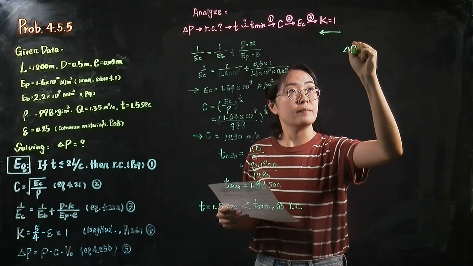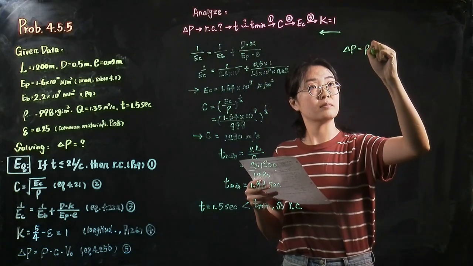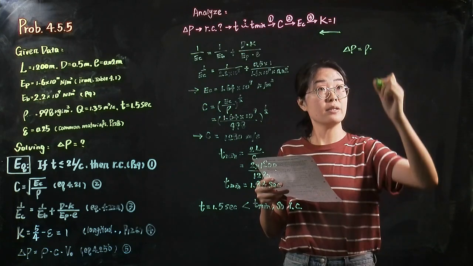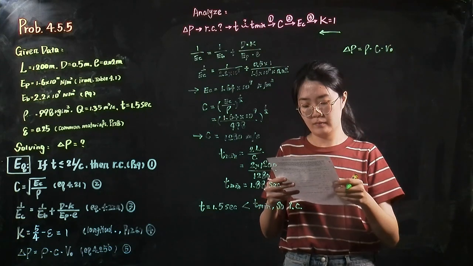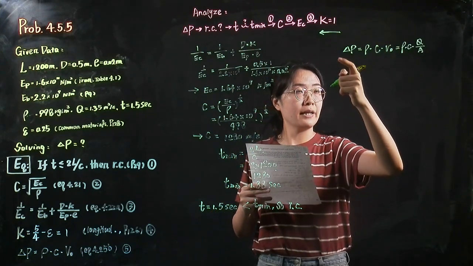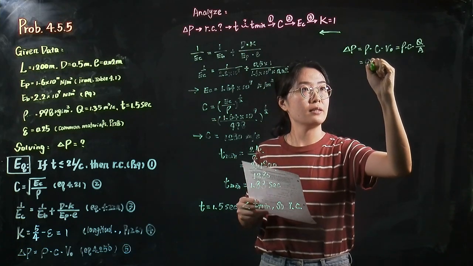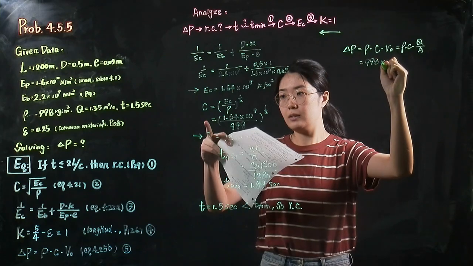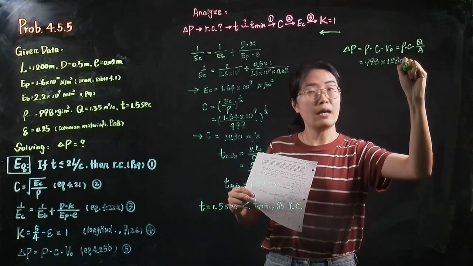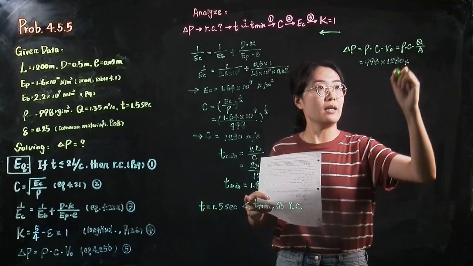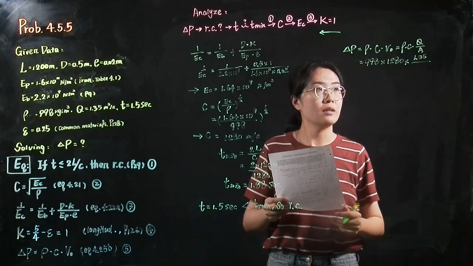The delta P equals the water density times the celerity times the velocity. Then we can bring the values back into this equation. It equals 998 times the celerity, 1,280, times the flow rate, 1.35, over the area.